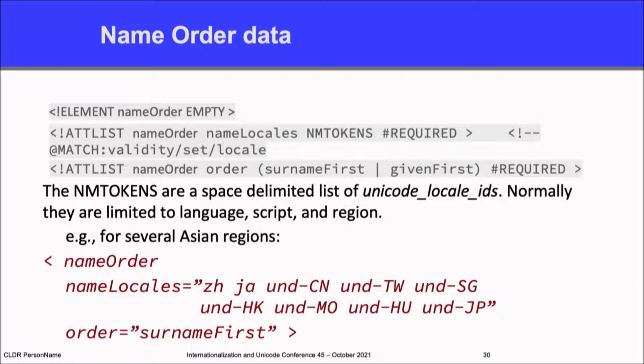I have an order of surname first. So if I see that a locale that's been passed in for the name object is from one of these regions, then I can look for a surname-first ordering in my name formats. The reason why I want to look in my own formats: let's say I'm formatting for the US, I don't necessarily want to go to the Japanese name formats.